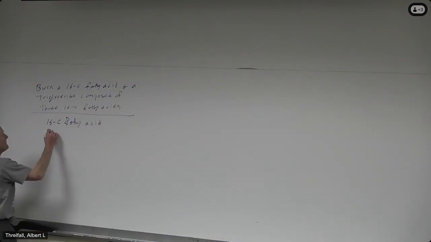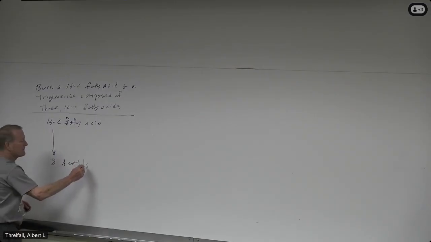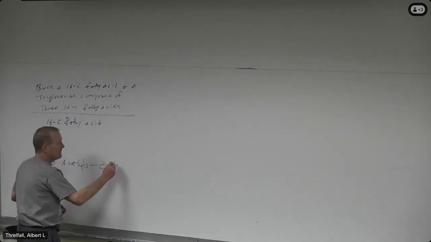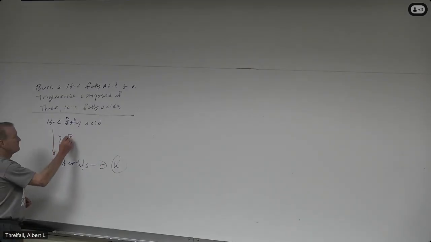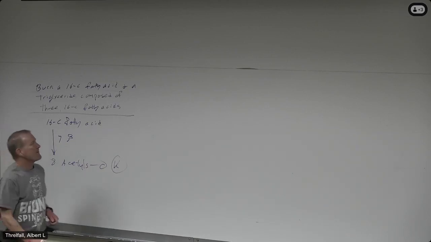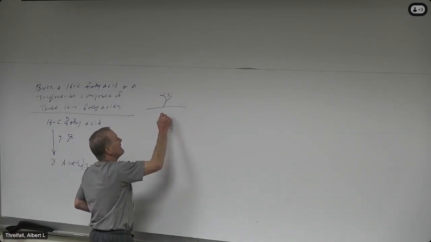fatty acid. How many acetyls will we get? 8. 16 divided by 2 is 8. So 8 acetyls to the Krebs cycle. How many times did we beta oxidize it? Remember, that's the cutting. 7. So we have 7 beta oxidations.